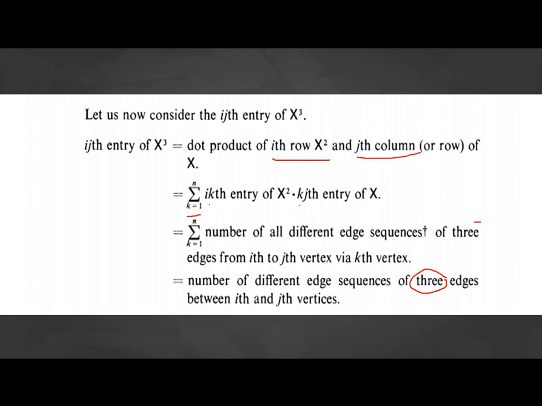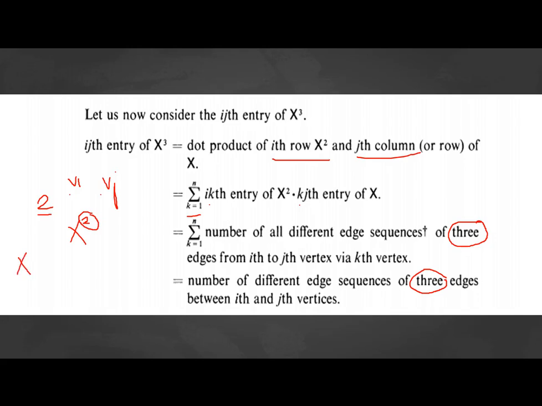Okay, so when we took X square, do you remember the number of different path sequences of length 2 between the vertices vi and vj? That was because we were considering an adjacency matrix of power 2.